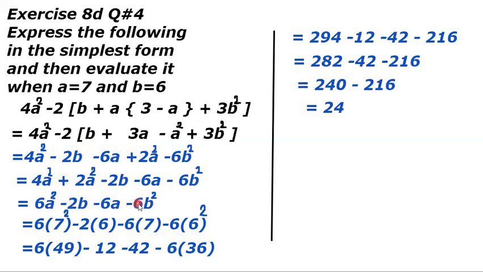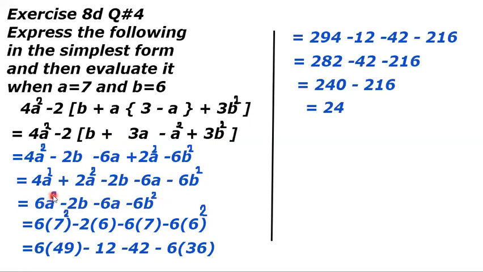Now this is a very important step and we should know that this step cannot be further simplified because these are all unlike terms. 6A square minus 2B minus 6A minus 6B square, these are all unlike terms because their variables are different.